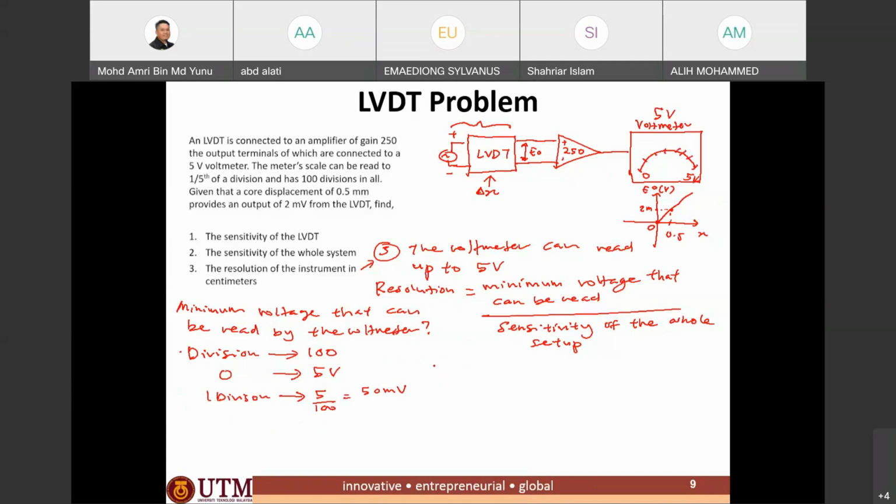You have one division, and the smallest part is called a scale. So each scale can read 1/5 of a division.